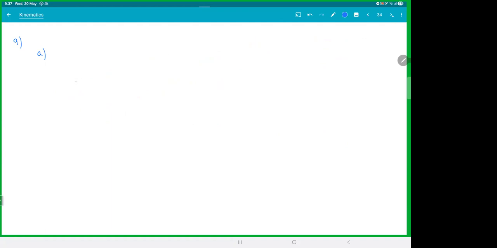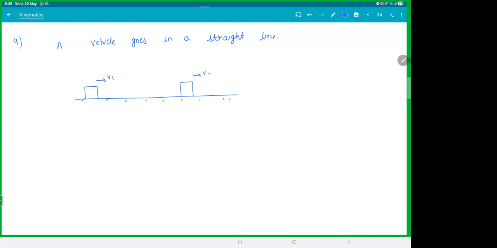So let's say we have a vehicle which is going with speed V1. A vehicle goes in a straight line. So it's going with V1 and then it goes with V2.